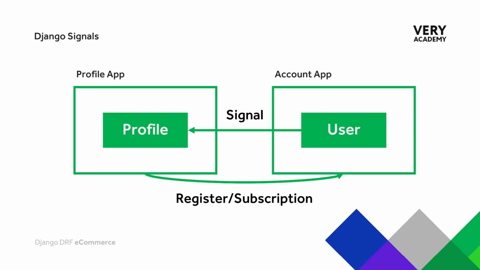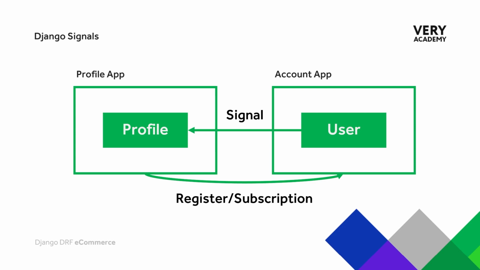What we've done first is create a new function inside the profile app, and then we register that function to the signal that's attached to the user model here. So now we have this registration, this subscription from our function inside of our profile app to the signal, for example, in the account app. So now we have that subscription.